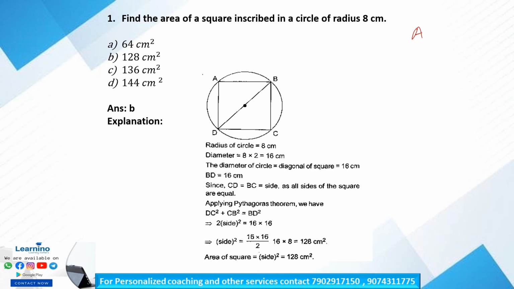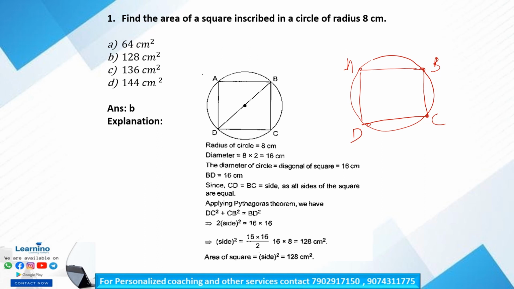Considering 4 points A, B, C, D on a circle, we make a square inscribed in the circle, meaning the square is inside the circle, touching the 4 points on the circle.